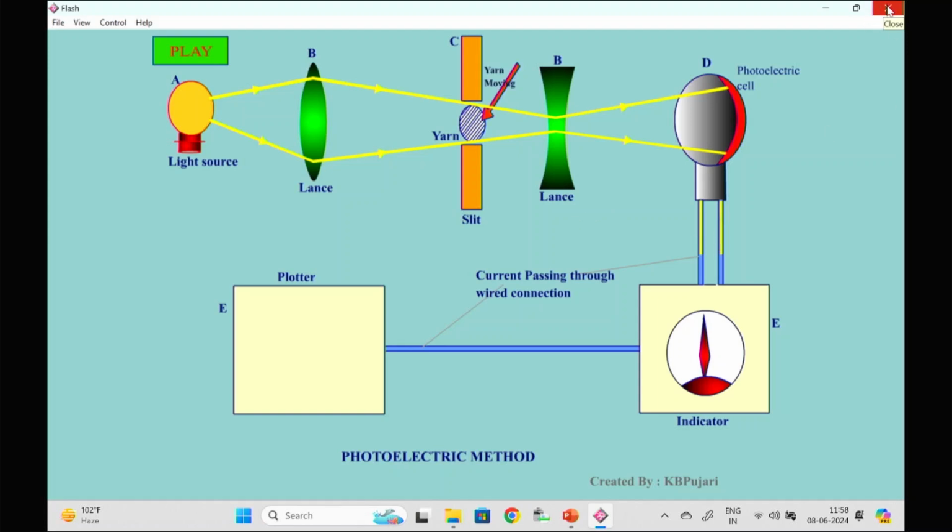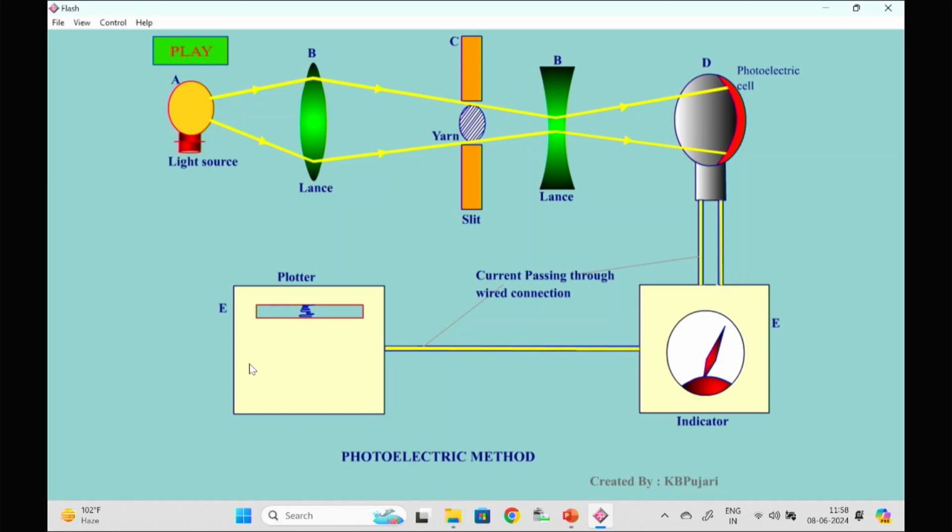So this principle is different from the capacitance type method, where in the capacitance method we get the variability in mass per unit length. So here we can plot the curve, the variability in diameter.